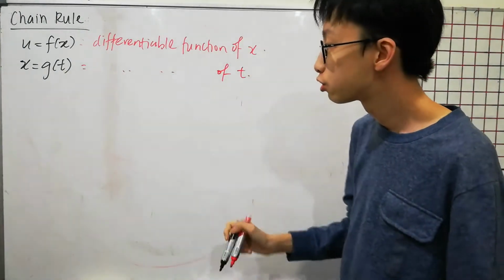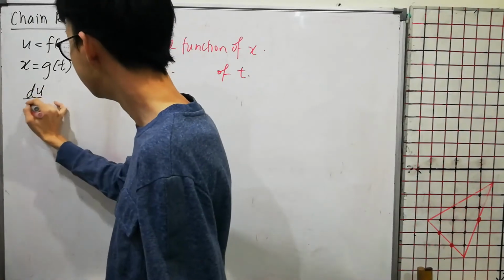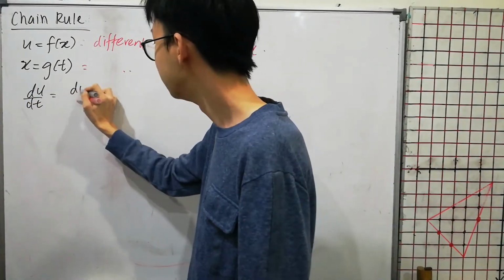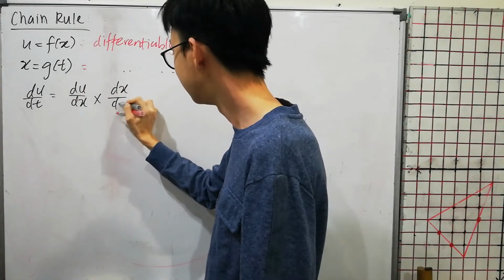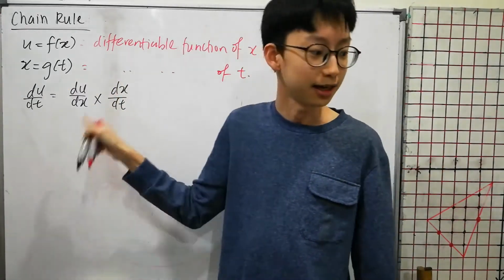So if I want to find du/dt, what we usually do is take du/dx multiplied with dx/dt, so that dx and dx cancel, then we'll get du over dt, right?